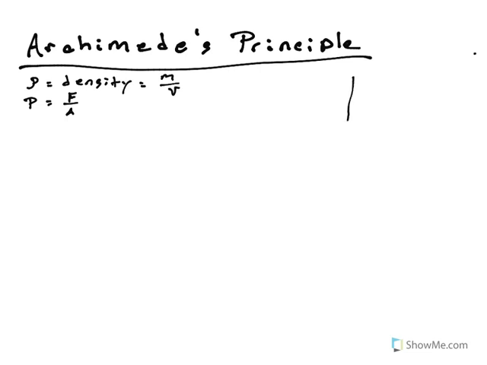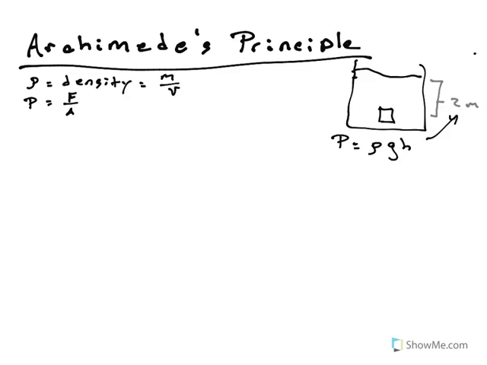So if we have some kind of container with some fluid in it, and there's an object, and we say this object is placed 2 meters down from the surface, then the pressure felt by the object at this depth is rho times g times h, where h is this depth, of course. And so the deeper you go into the fluid, the more pressure you're going to feel because you're at a higher depth.